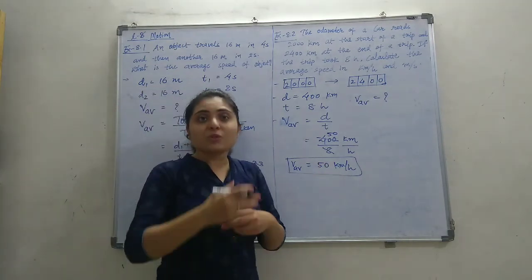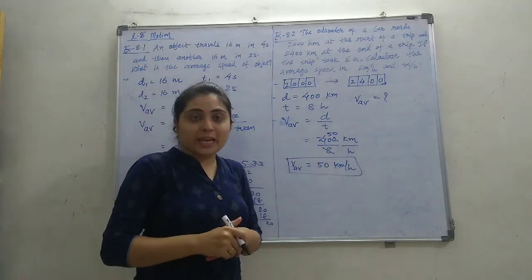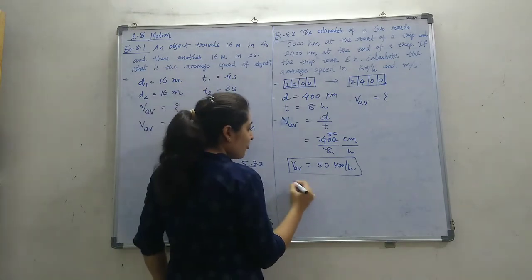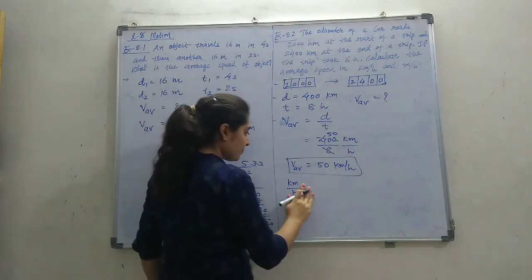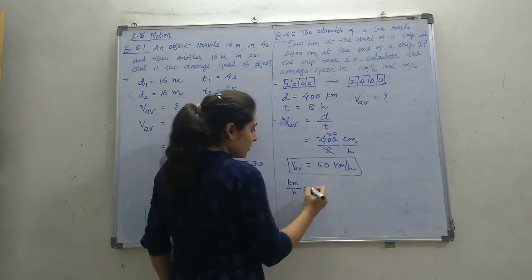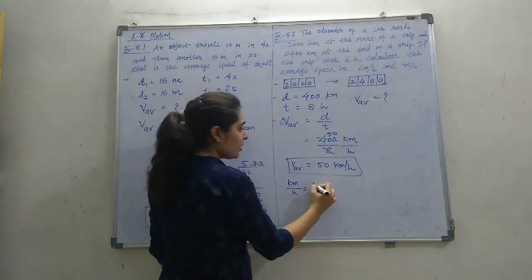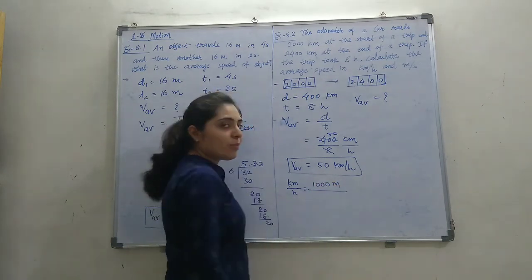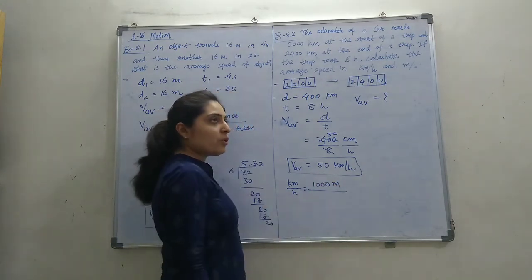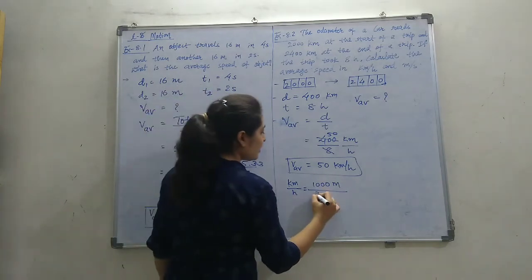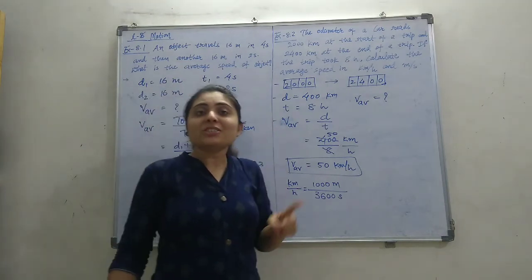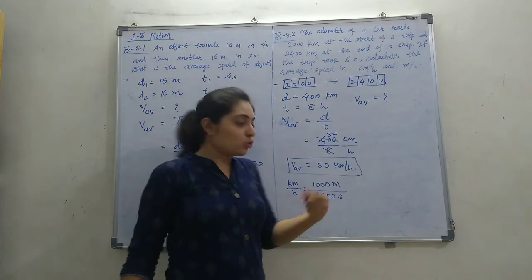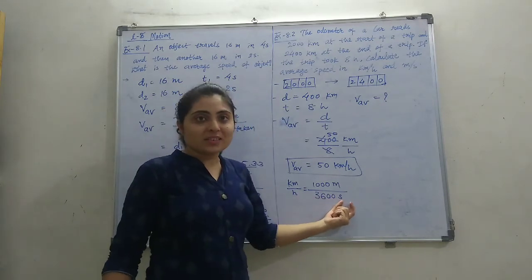Now this kilometer per hour we need to convert into meter per second. Listen here, 1 kilometer is equal to 1000 meter. You remember this? And 1 hour is equal to how many seconds? 3600 seconds. In 1 hour there are 60 minutes, and in each minute there are 60 seconds, so 60 into 60 is 3600 seconds.